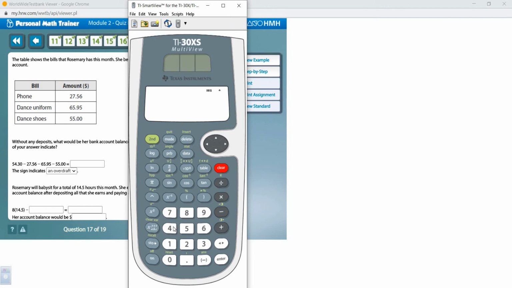All right, so she started off with $54.30, and I'm going to take away $27.56, and then I'm going to take away $65.95, and then I'm going to take away $55.